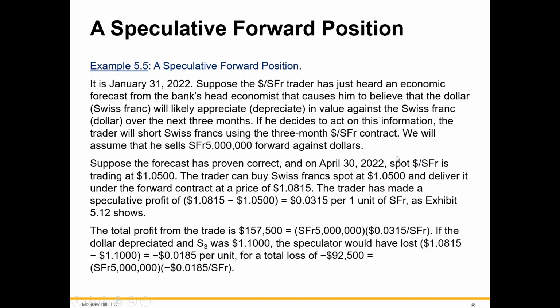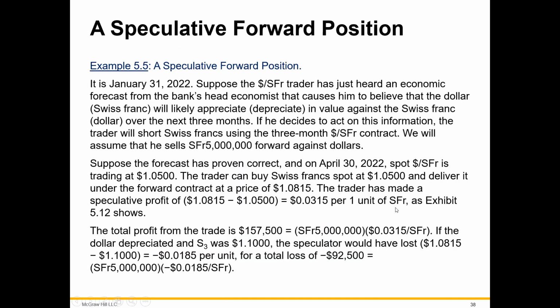If I pay $1.05 for francs and then sell them for $1.08 later under the forward contract, then I'm good. But if the dollar depreciated and it's $1.10, then I have to pay $1.10 and deliver at $1.08, and I end up having a 2-cent loss, multiplied by the total currency transaction.